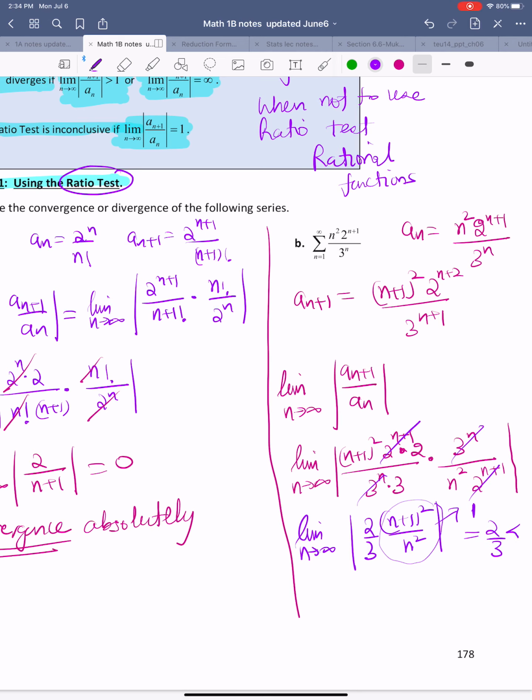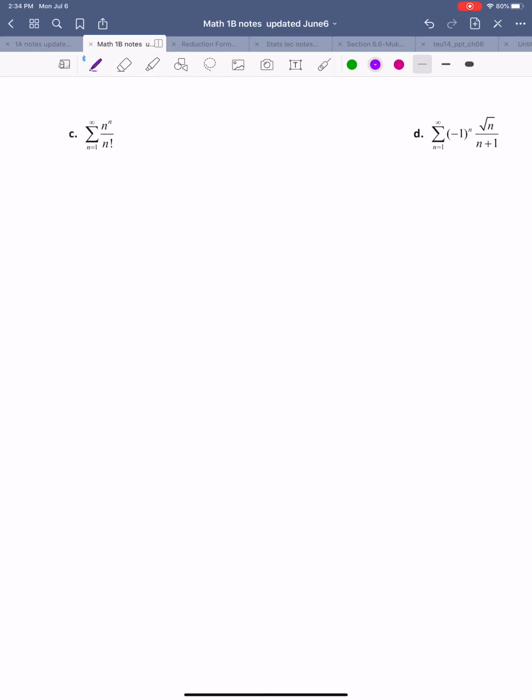Okay, part C, let's take a look at the next example for the ratio test. Again, my term a_n is n to the power n over n factorial. a_(n+1) would be (n+1) to the power n+1 over (n+1) factorial.